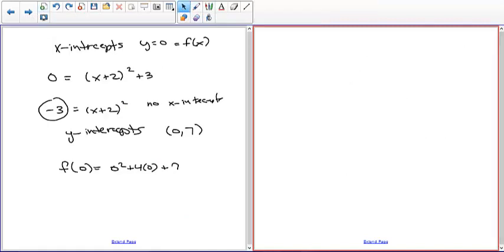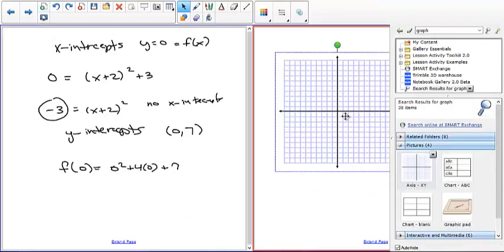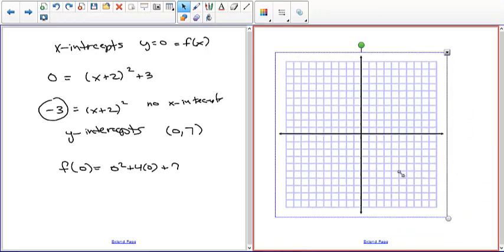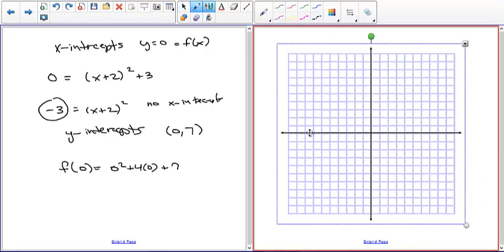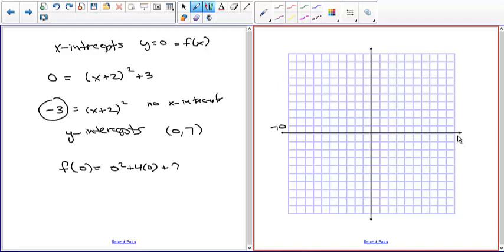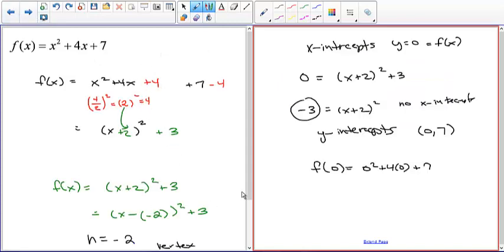And if you take a piece of graph paper and just plot the two things that we know so far, and we'll use minus 10 to plus 10. So the y-intercept was 7, so that's right up here. And the vertex is negative 2, 3.